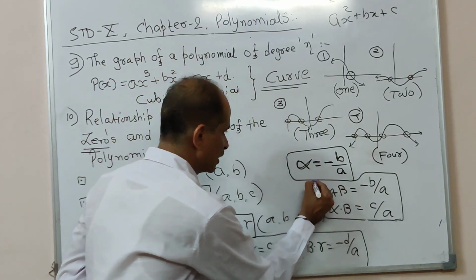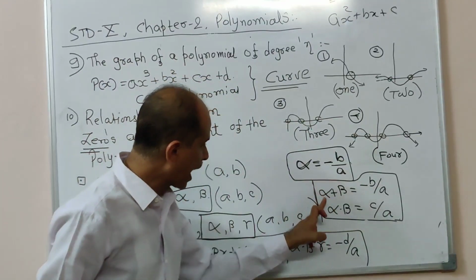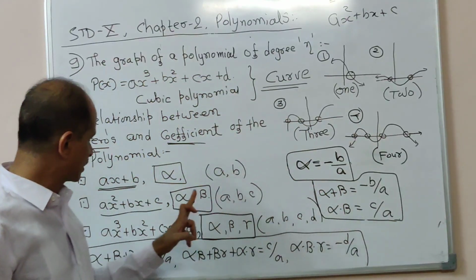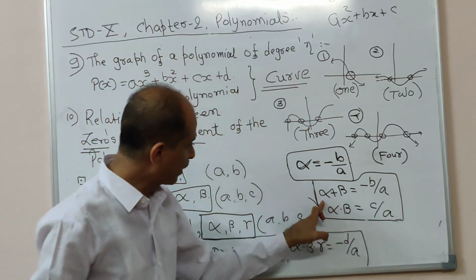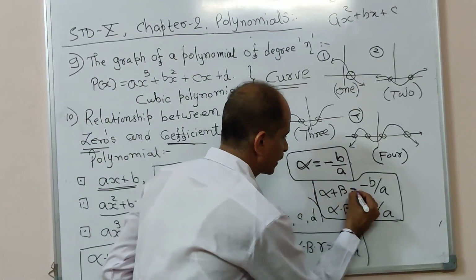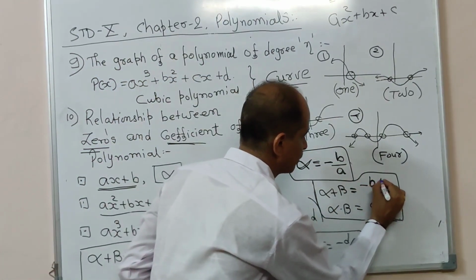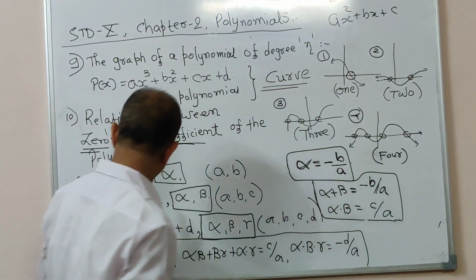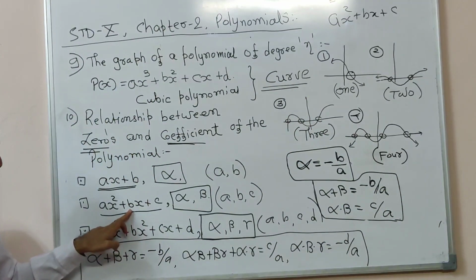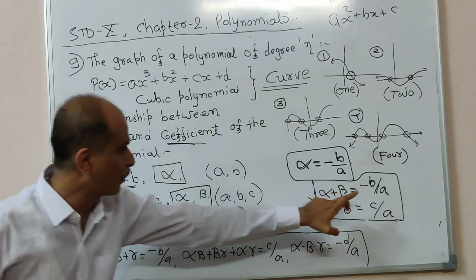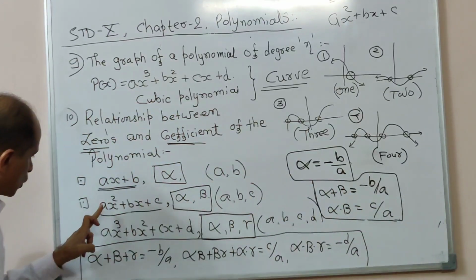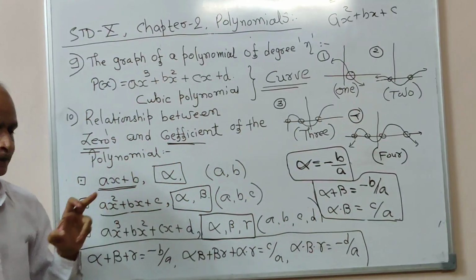So the relationship is alpha plus beta. It has two zeros. So alpha plus beta is equal to minus b by a. So b means the coefficient of x upon a. A means the coefficient of x square.